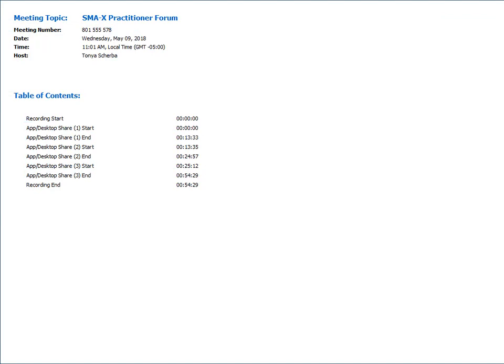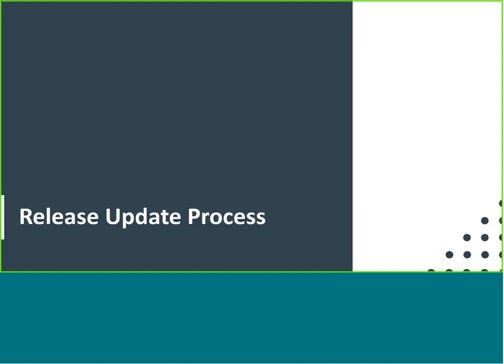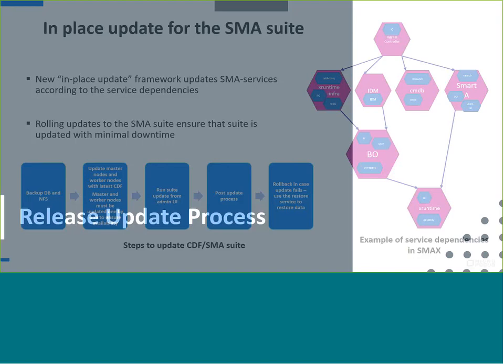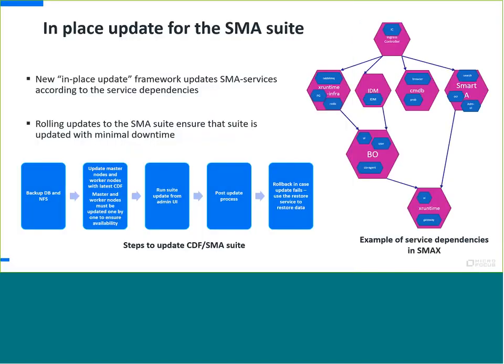Great. Okay. Hi, everybody. I'm Ankit, and I'm going to go through a couple of topics on enterprise readiness as well as some of the update process changes that we have upcoming for our May release. So the first one in the list is about in-place upgrade or update for the SMA suite.